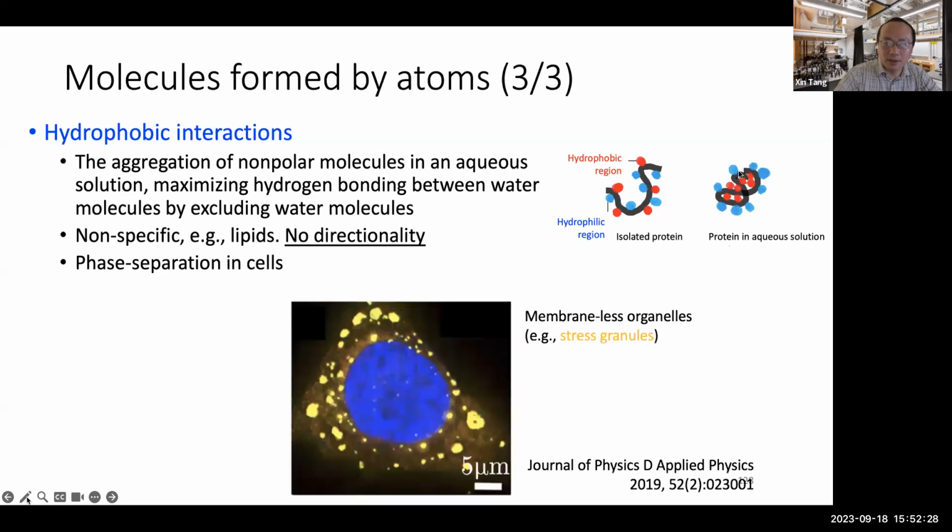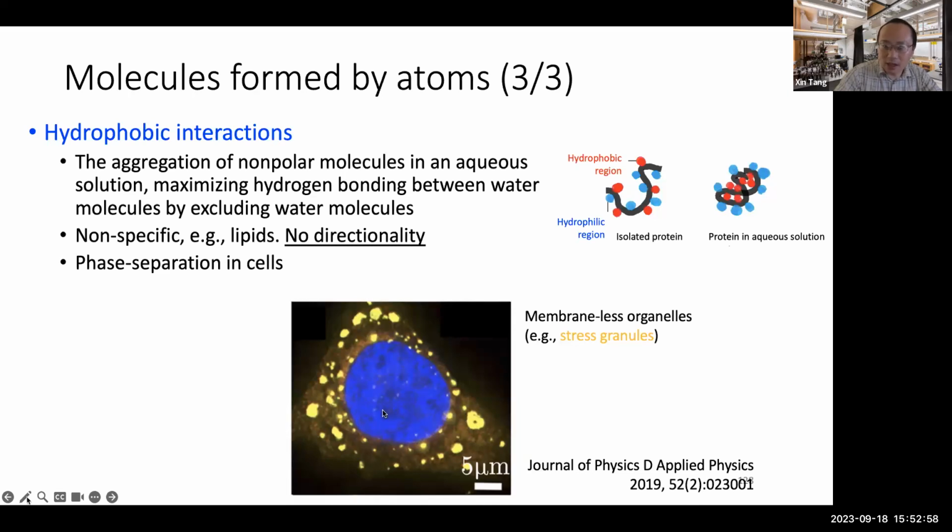Okay, so here is one example of cells that shows a membraneless organelle. Those organelles come from aggregates of many of the same types of proteins, and then they form those yellow dots, yellow aggregates. Those are all non-membrane-enclosed organelles, but their functions are very important.